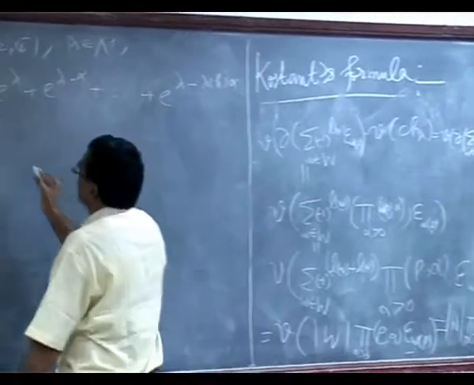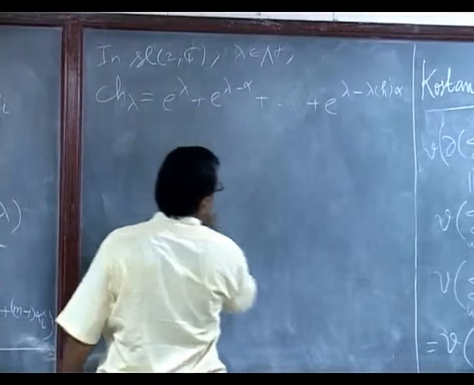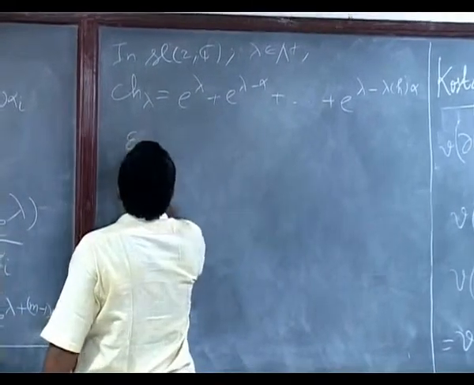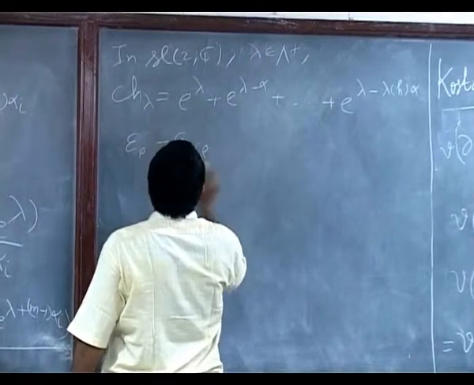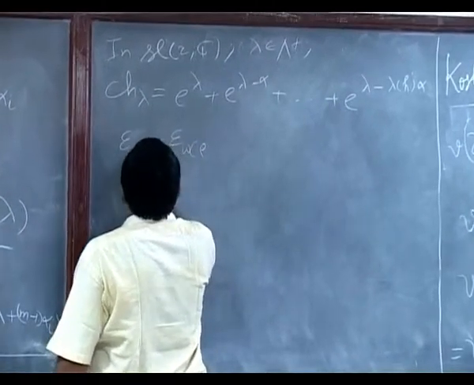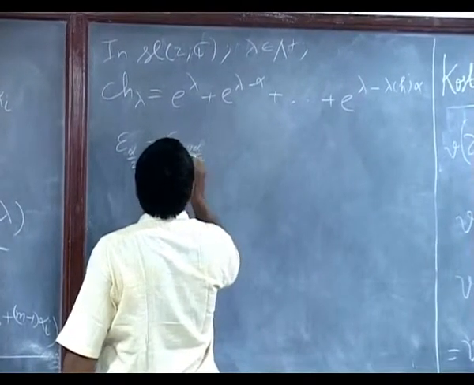So, this is epsilon w. This is only two elements. So, this is epsilon of the identity e^rho minus epsilon of w e^{w rho}, and rho is here alpha by 2, and this is s_alpha.